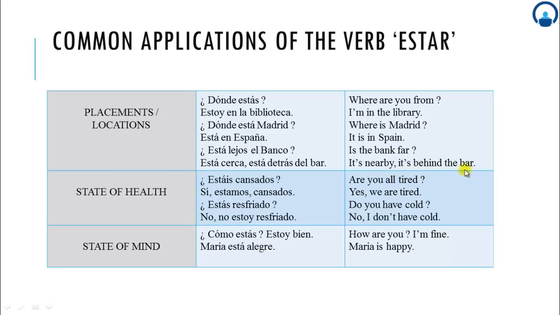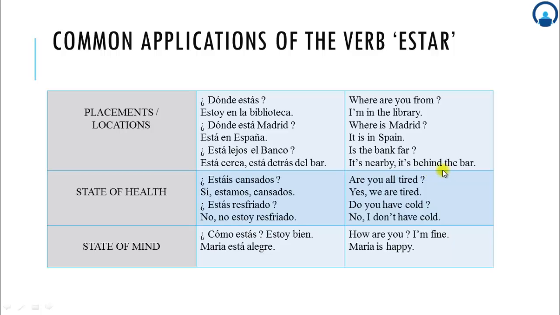Now if you get confused about this location, that I've asked the question, is the bank far? And in the answer I've got it is behind the bar. So it is always going to be at the same location. The bank is not going to walk and go to some other place. So if you are counting it as fixed state, it is not. The reason is that a person is trying to point out the bar and demonstrating the position as behind the bar.